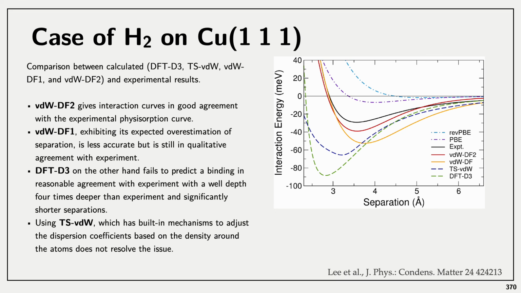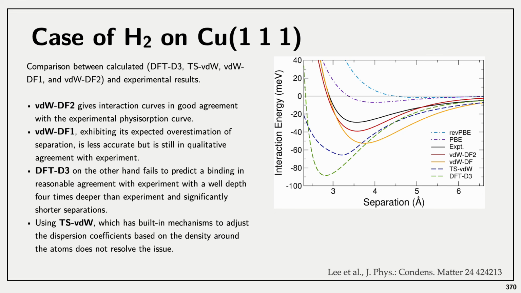However, if you add some van der Waals interaction like DF and DF2, so the red and the yellow curves, they get much closer to experiment. The well is a bit deeper, but at least the separation length is closer to the experiment.